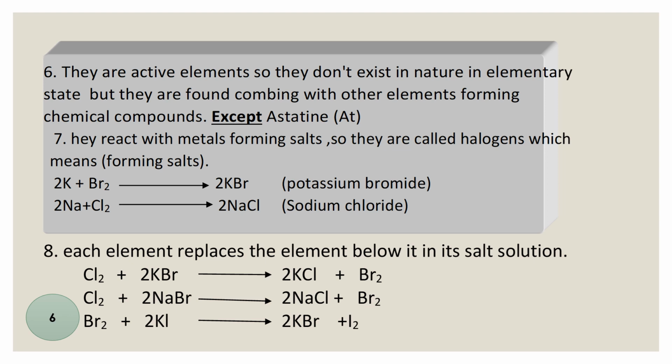And we will write the equations. Chlorine reacts with potassium bromide, producing potassium chloride and bromine liquid. Chlorine reacts with sodium bromide, producing sodium chloride and bromine. Bromine reacts with potassium iodide, producing potassium bromide and iodine, as in these equations.